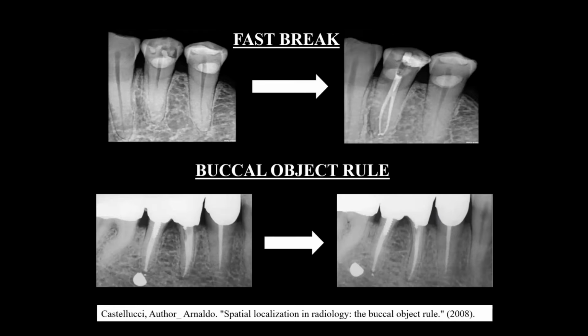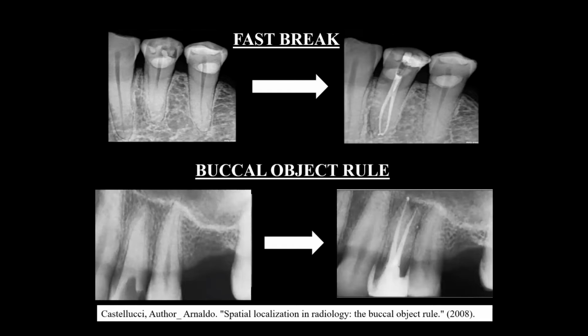This rule can also be used for visualization of the canals which may appear superimposed. Thus, radiographs prove to be an important diagnostic tool. With further advancement like the use of cone beam computed tomography, 3D visualization of the root anatomy is possible.